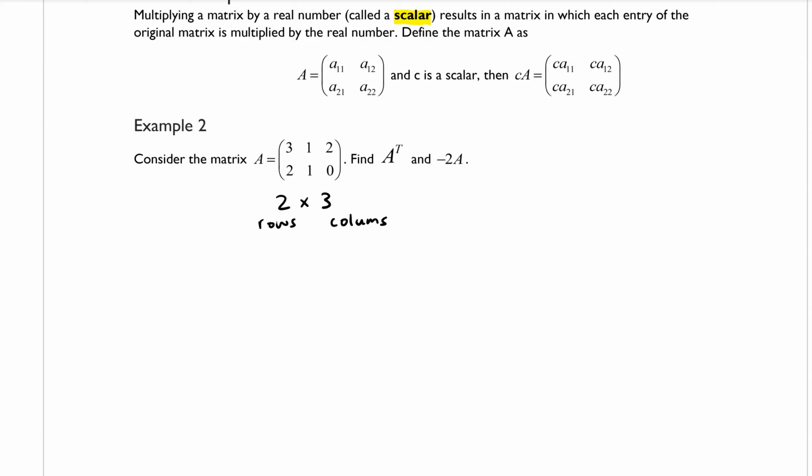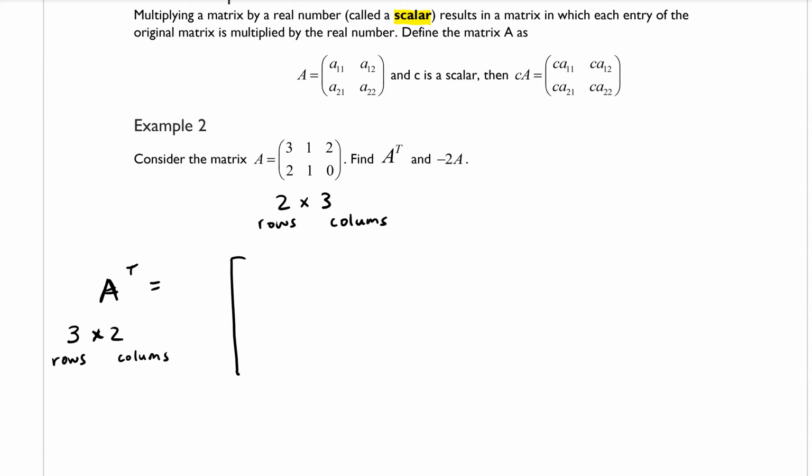And because this is not a square matrix, if we switch the columns and rows, A transpose is going to become a 3 by 2 matrix, because we're switching the rows and the columns. So our A transpose will be a matrix with 3 rows and 2 columns.